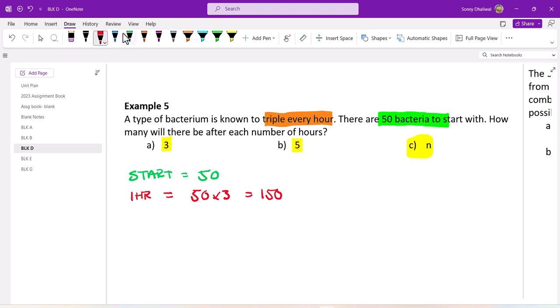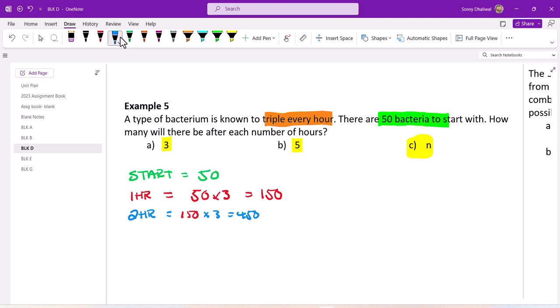Now, next up, let's go 2 hours. After 1 hour, we have 150. How many bacteria do we expect after 2 hours? 450. 450. All you did is triple that previous number, right? So we could go 150 times 3 gives us 450.